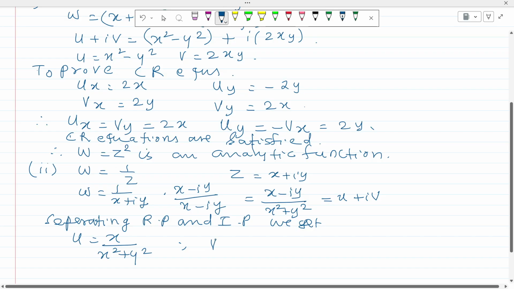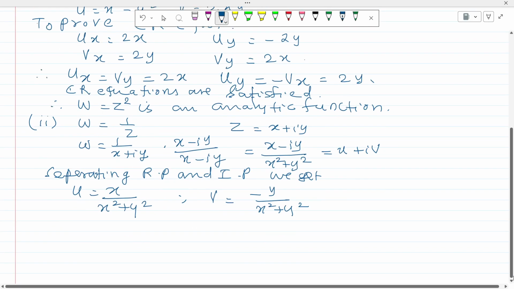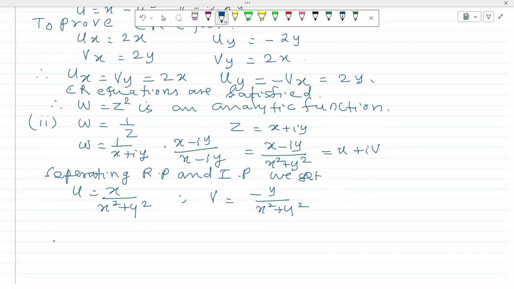What is v here? Minus y by x square plus y square. Is it not? Now we have to find four values, four differentiations: ux, uy, vx, vy.